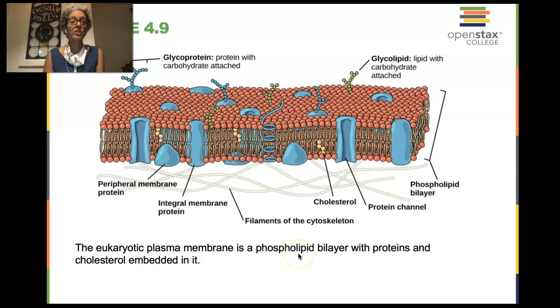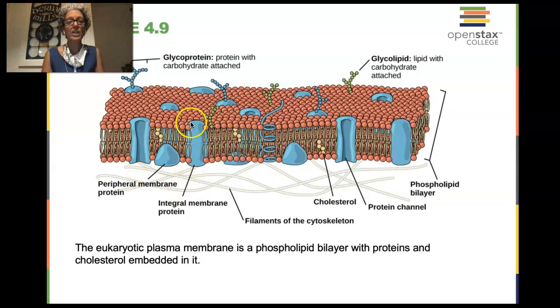It is a phospholipid. We saw that in our macromolecule chapters, the phospholipids, and it is a bilayer. All membranes have two layers of these phospholipids. The polar heads face either the exterior or the interior of the cell, and the fatty acid tails face each other in the interior of that membrane.